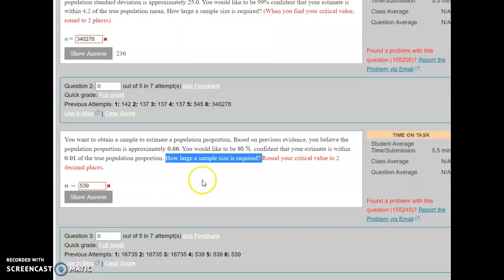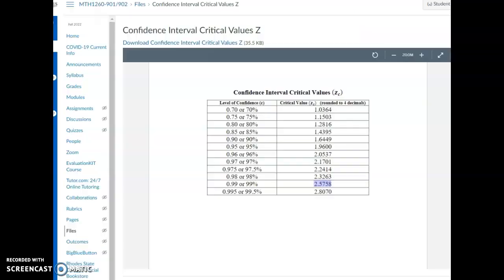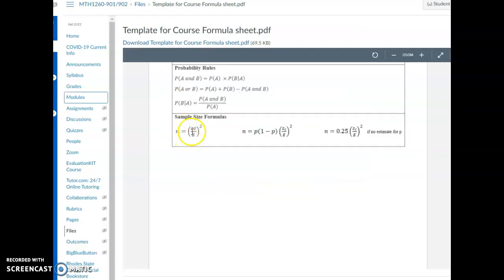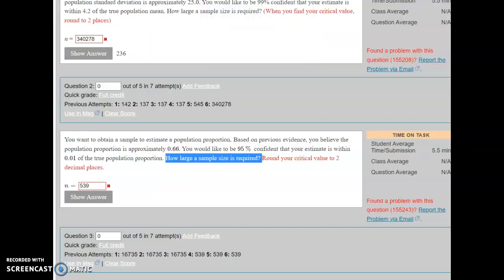So in this one, we know it's one of those 3 formulas. I read through this and I don't see anything about standard deviation, so I cannot use this one because I don't have a standard deviation. Another clue is that it says the word proportion here.